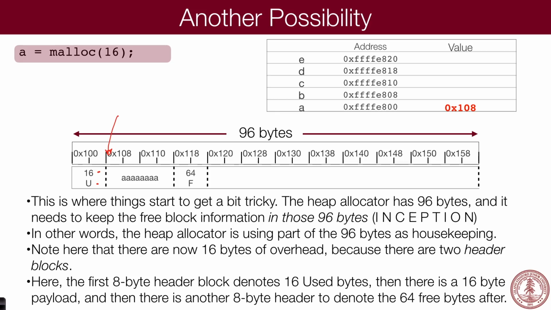Now, this goes back to Sheridan's question earlier, where she said, what if you pass around the wrong value? What if I passed in the value here, or what if I passed in the value to here for the free block? Guess what? The heap allocator is expecting that if it looks 1 block, 8 bytes before it, it's going to find whether it's free or used and how much space. And if it's just garbage in there, the whole heap allocator is going to fall apart immediately.